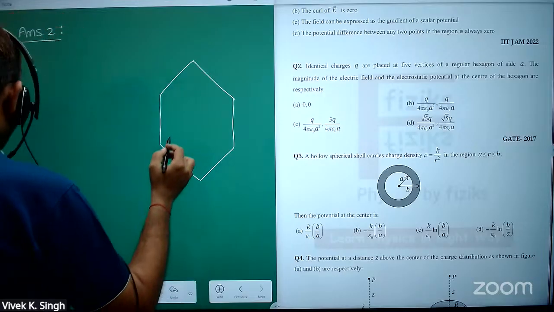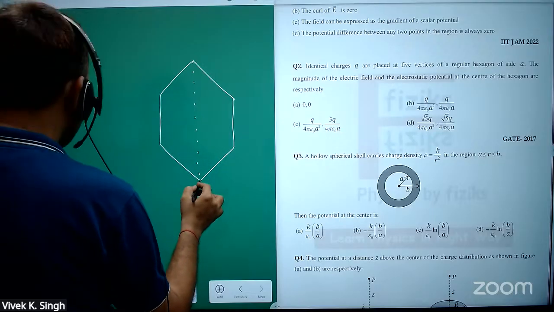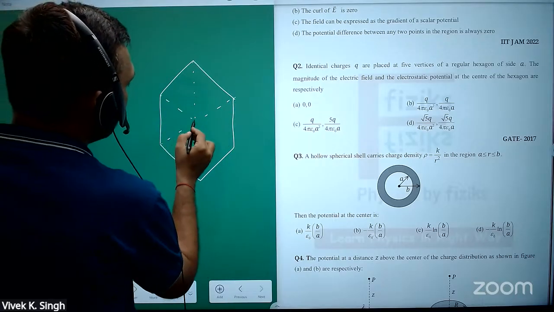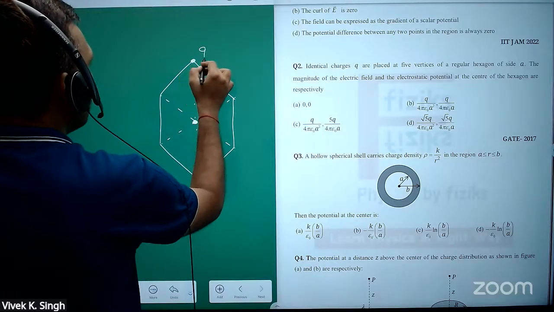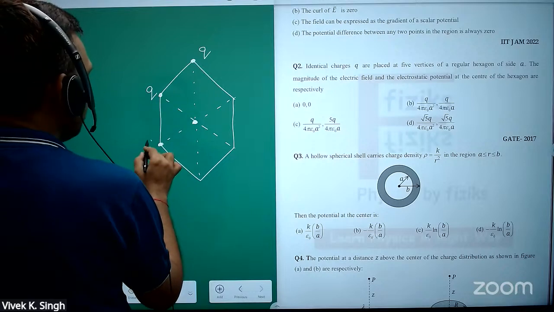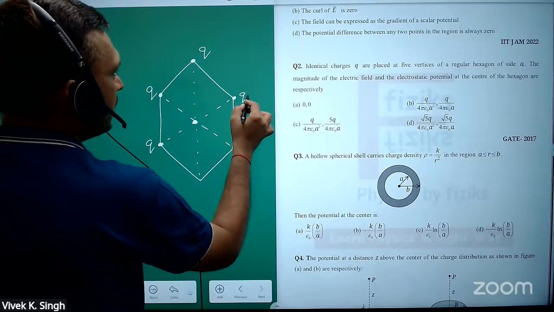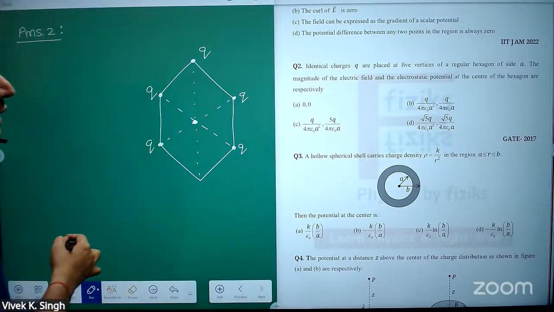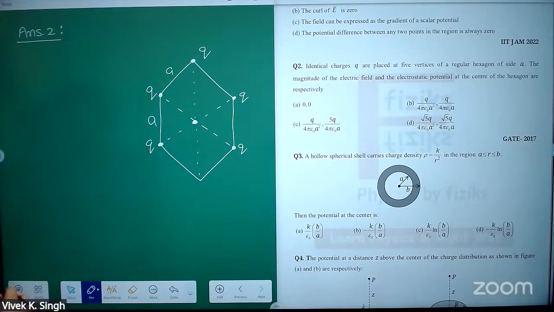Consider this one, and this will be the center. This is charge Q, this is another charge Q here, and this is another charge Q. So there are identical charges Q placed at the 5 vertices of a regular hexagon of side A. Sides are A.